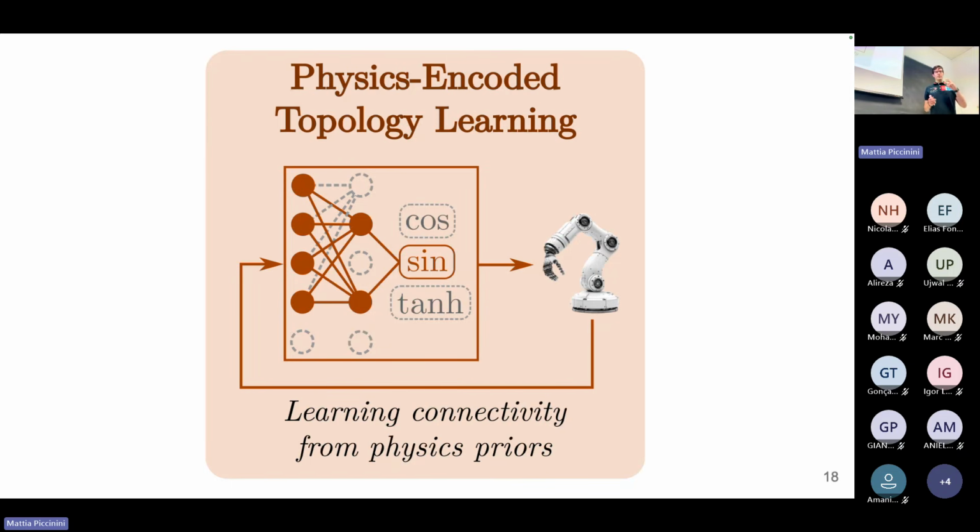I don't want to get into the details, but the slogan is learning connectivity from physics priors. Here you really want to learn the connectivity of the neural network, so the topology, the connections. Do we build certain connections or not, depending on whether it is good to do that?